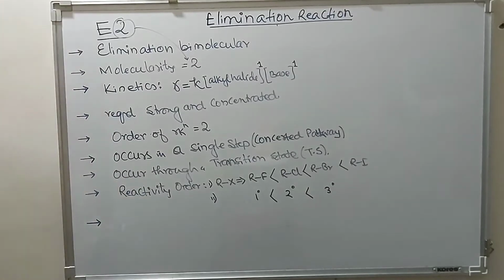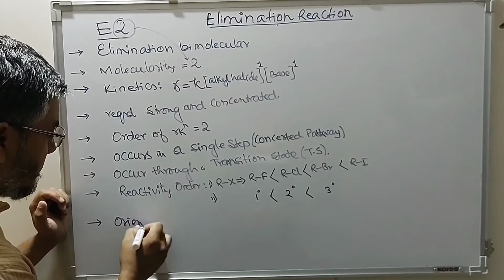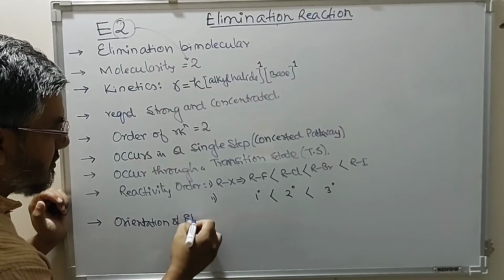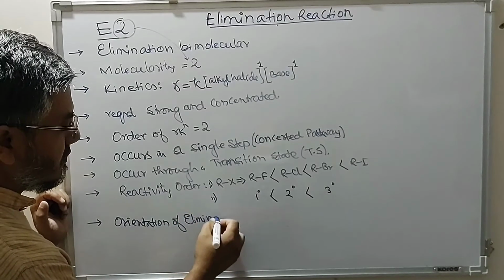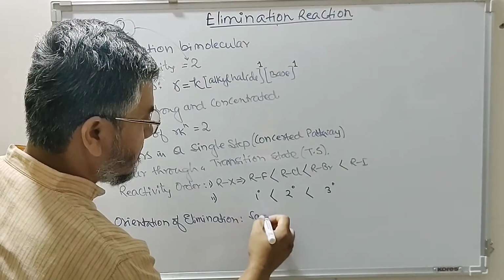Now in this E2 mechanism, as I told you, we are removing a neutral molecule and an alkene is developed. So the alkene formed will be governed by a rule which is known as Saytzeff's rule. So the orientation of elimination favors Saytzeff.